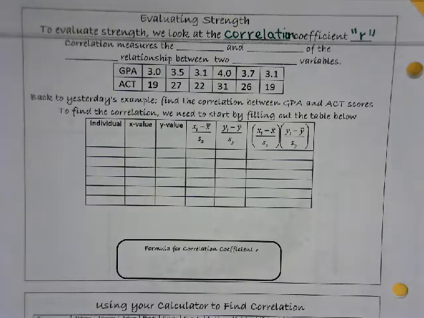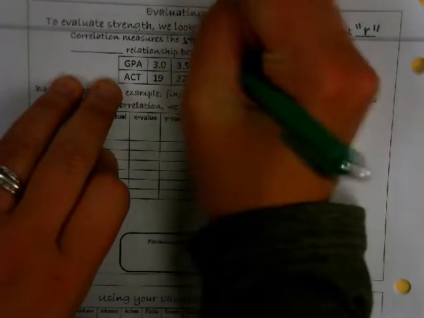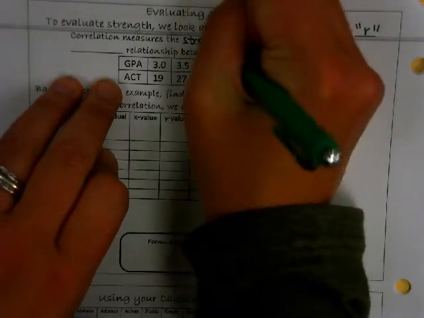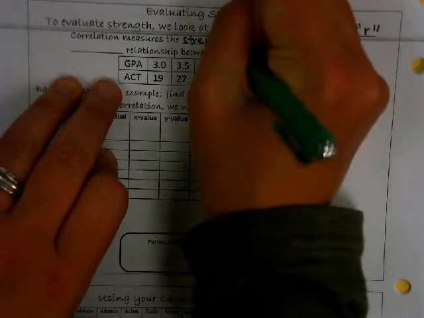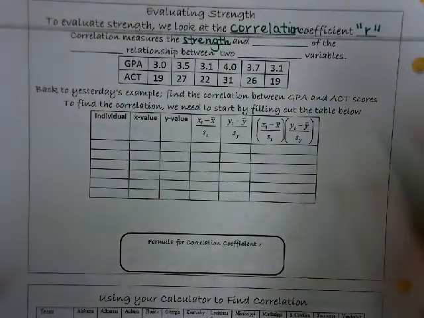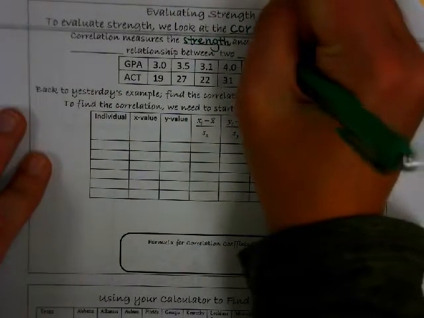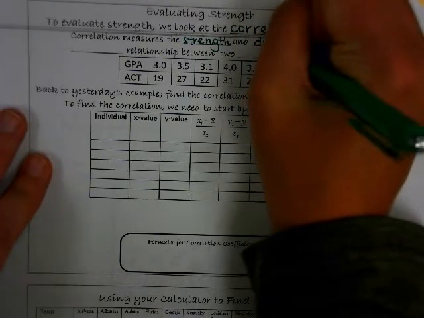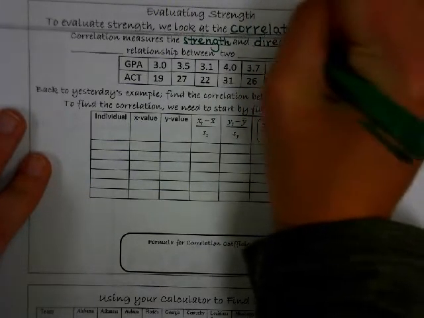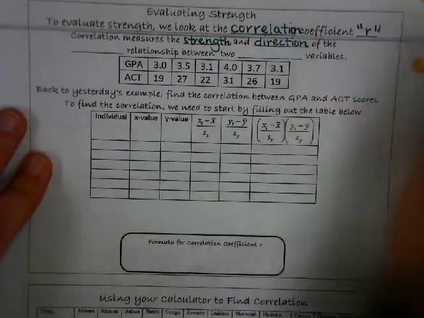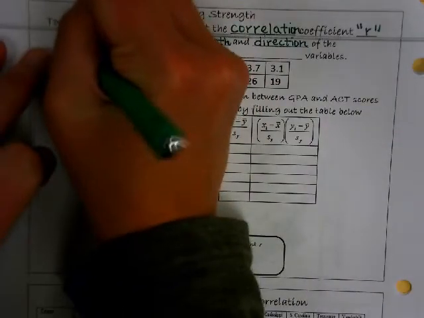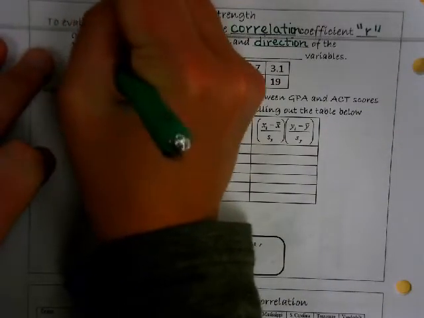Isn't it like as you're closer to 1, it's more strong? So correlation measures the strength and direction. Two of the things when I ask you to describe a scatter plot are given by R, strength and direction. The only thing is R only works for a linear relationship.